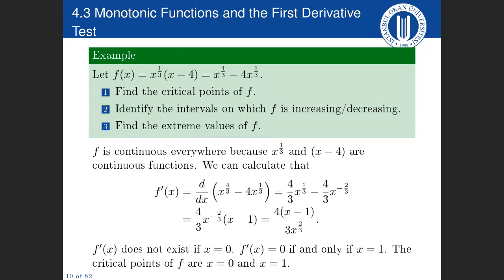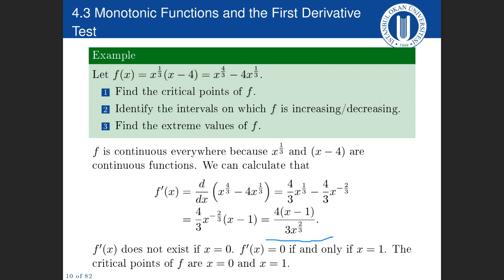I want to calculate the derivative of f. I'm looking for the critical points of f. So I'm looking for points where f prime is equal to 0, and points where f prime does not exist. So differentiate this, we know how to do this, and then simplify.